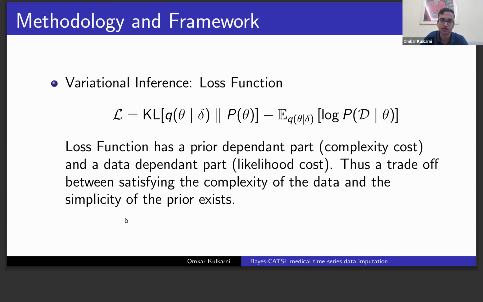So basically, our loss function comes out to be the summation of a prior dependent part, which is referred to as the complexity cost, and the data dependent part, which is referred to as the likelihood cost. So there is a trade-off between satisfying the complexity of the data and the simplicity of the prior.